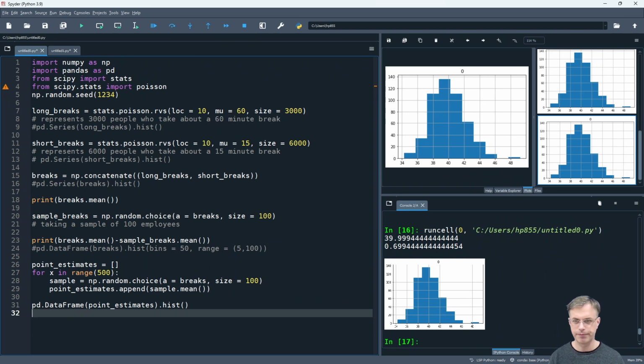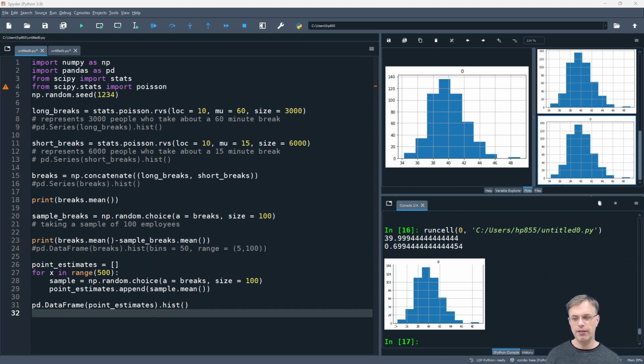This is it. And the sampling distribution, as the sample mean, appears to be normal, even though we took data from an underlying bimodal population distribution. It is important to note that the bars in the histogram represent the average break length of 500 samples of employees, where each sample has 100 people in it.